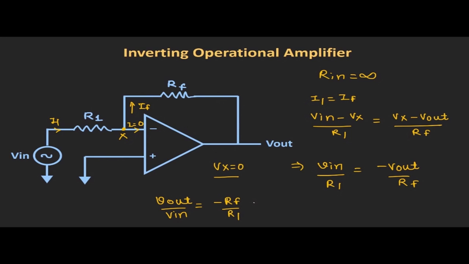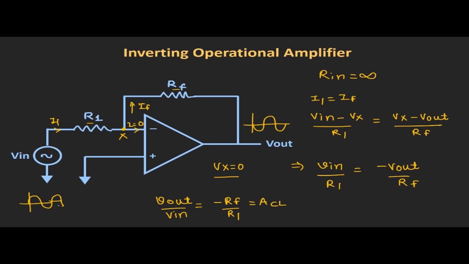And this expression is known as the closed loop gain for this inverting op-amp configuration. So as you can see here, just by changing the value of RF and R1, we can control the gain of this op-amp, and we can use this op-amp as an amplifier. Now here the negative sign indicates that the output voltage is 180 degrees out of phase with respect to the input voltage.